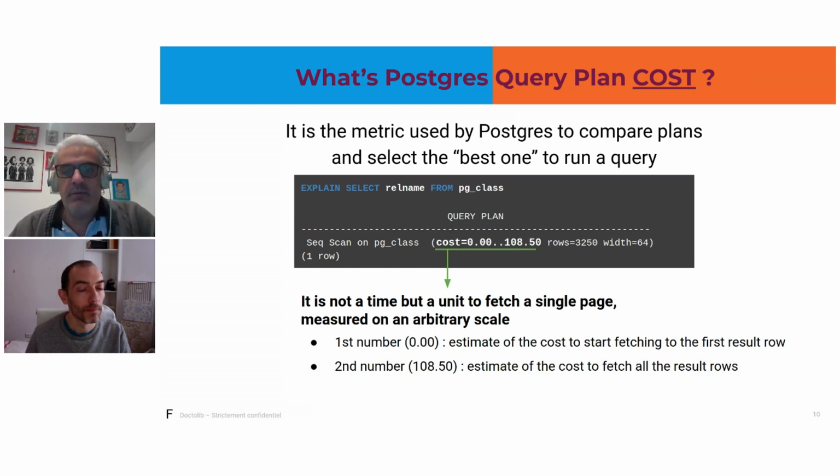The second number on the right, 108 in this example, is the total cost to fetch and give you all the rows that will be returned by your query. So that's approximately how Postgres calculates the cost and makes decisions after that.